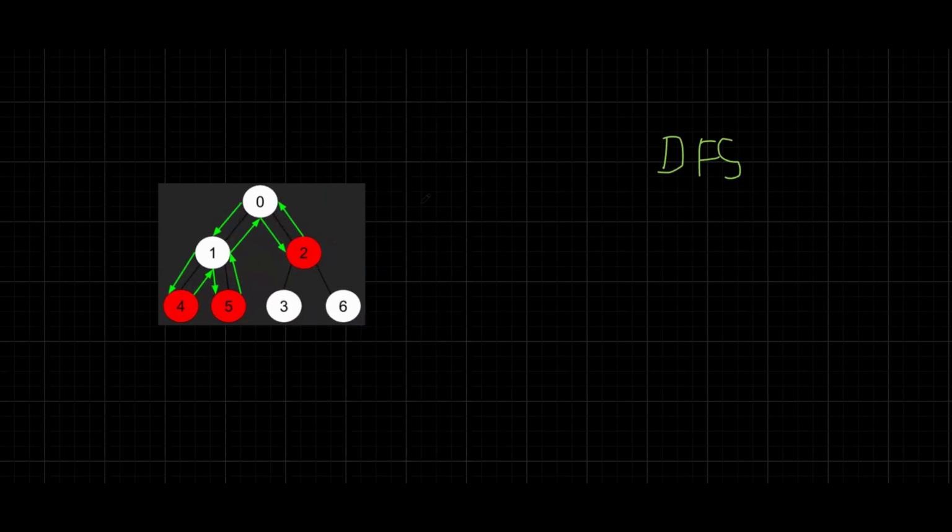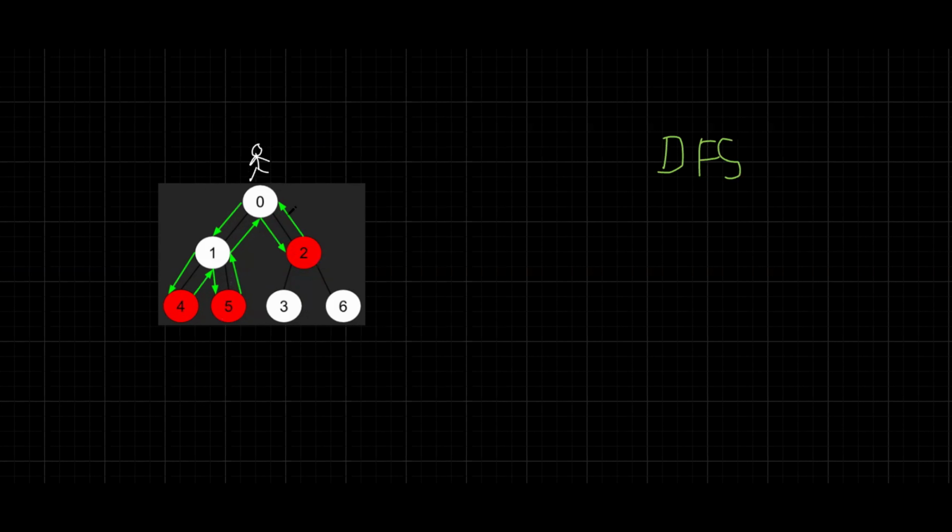Now here, to understand the algorithm, we have taken the same example. Let's understand how we can solve this problem. The first intuition that comes to mind is that this is a graph traversal problem. That means we are currently at the root node and we have to traverse the graph and collect the apples.